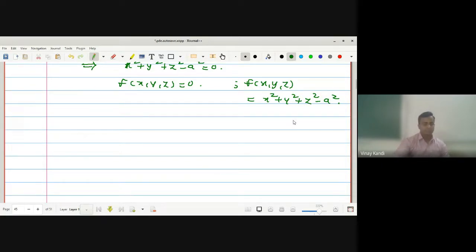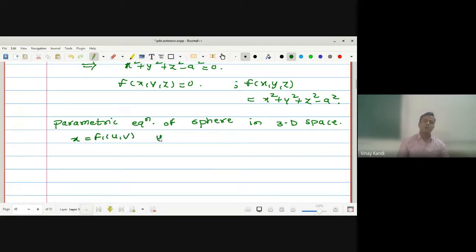Suppose x is equal to f1 of u, v, y is equal to f2 of u, v, functions in u and v, and z is equal to f3 of u, v. Give it as equation number 1.